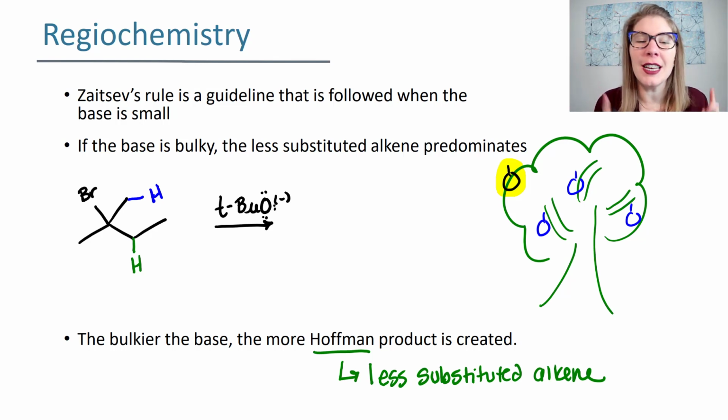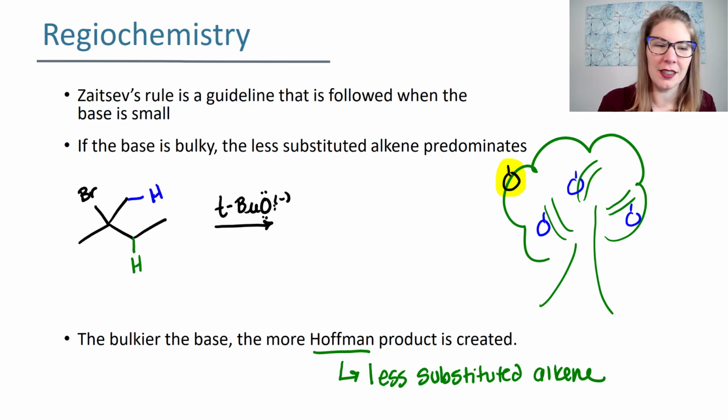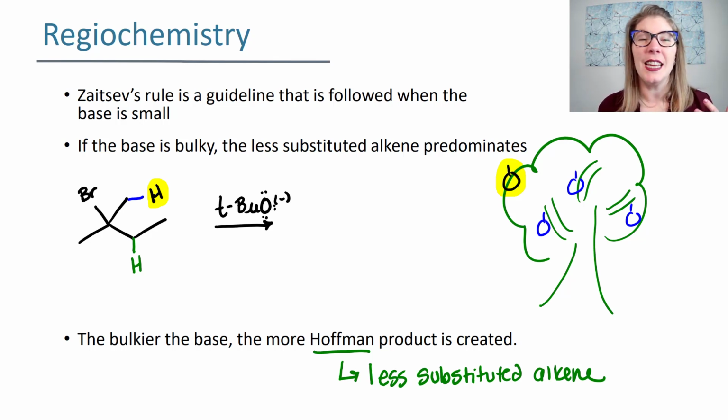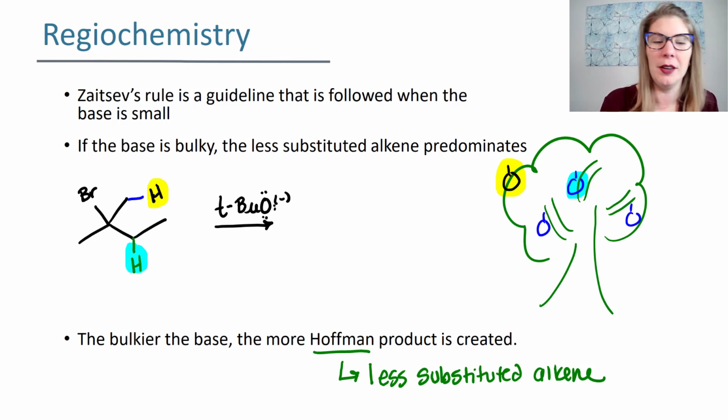So in our analogy, the easier to pull off protons are the ones on, in this example, the methyl group. Whereas the harder to reach protons, which are the apples on the inside of your apple tree surrounded by branches and foliage, are like this one.